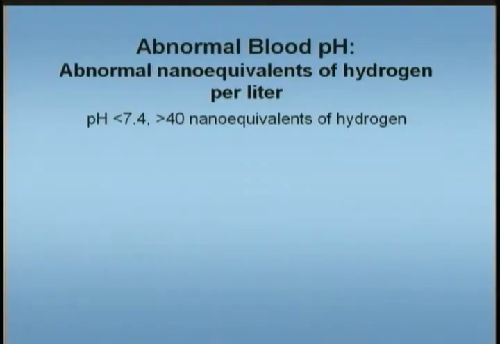So we read an exam question that shows an abnormal blood pH, which could also be expressed as abnormal nanoequivalents of hydrogen per liter. If what we read is a pH lower than 7.4, or the nanoequivalents of hydrogen exceed the normal value of 40, the diagnosis is acidosis.